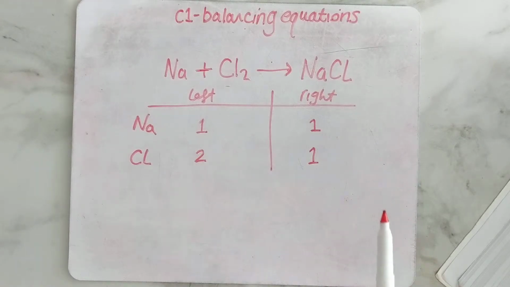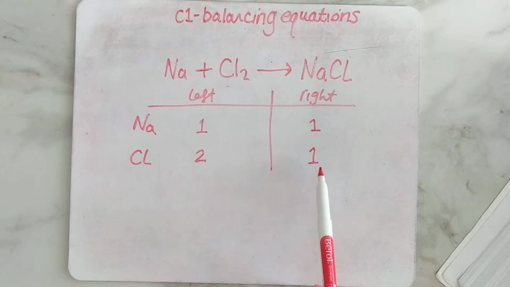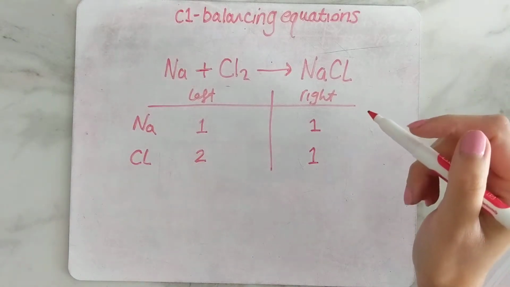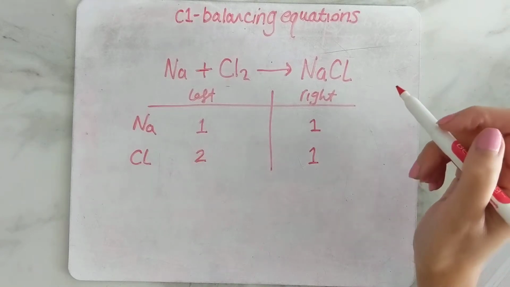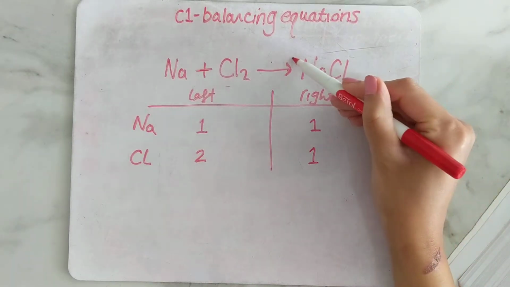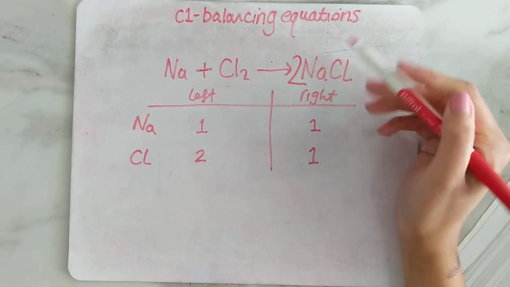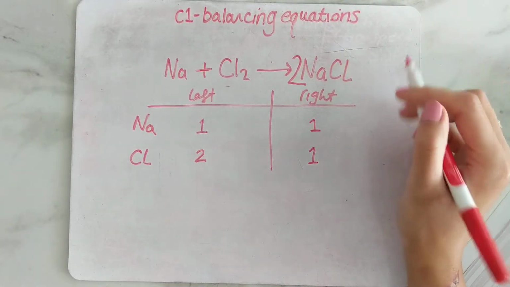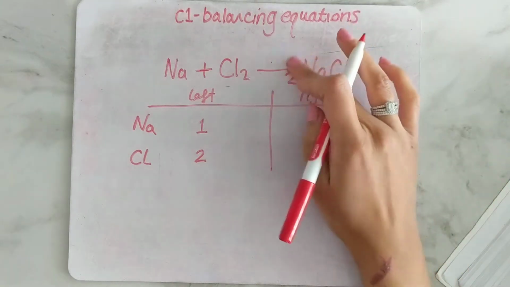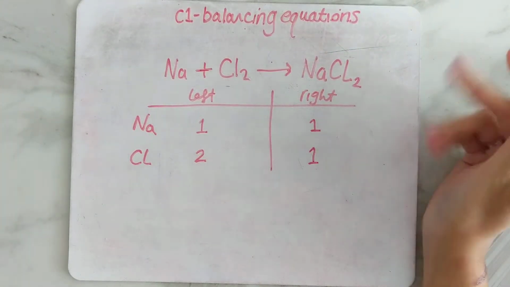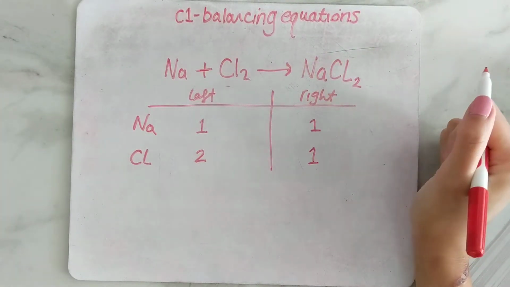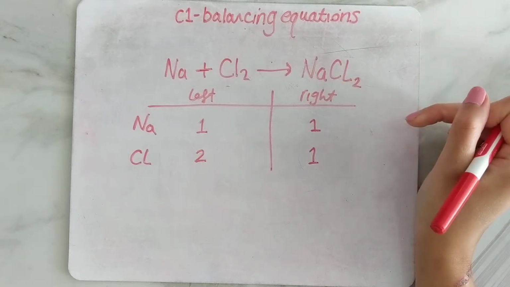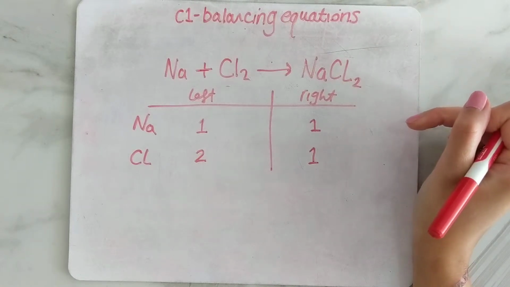So what can we do in order to get 2 chlorines on this side? So in this case, you can only put big numbers in. And what I mean by that is you put a large number in front of the whole compound, okay? So you cannot do this. You can't put a little 2 there and say, okay, now I've got 2 chlorines, it's balanced, because that completely changes the whole compound.